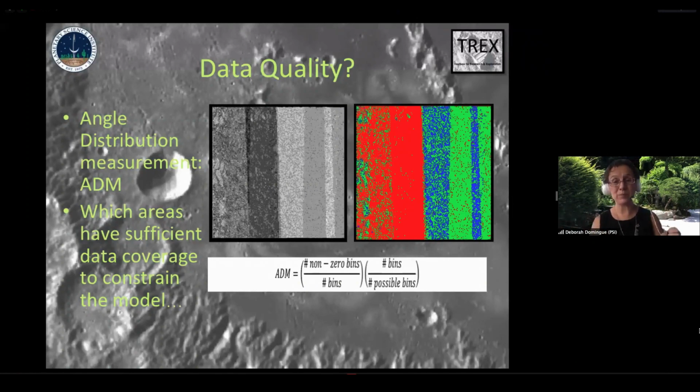Green is great, blue is good, red is eh. That's what you need to take away from this slide. And basically how we determined that is we looked at how many bins of angle range. So for every degree of incident emission, did I have data in that bin? And out of all the bins that I could have, how many bins did I cover? So it's a simplistic way of looking at the coverage.